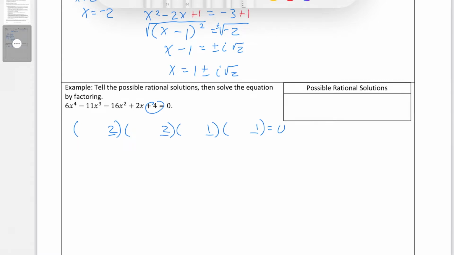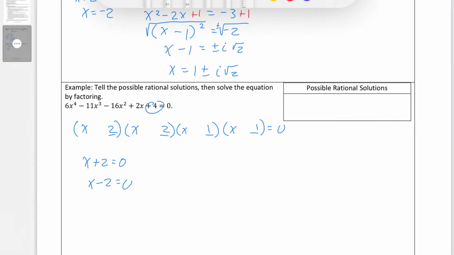So what possible numbers might we have for that term there? So we could have an x plus 2 binomial, but we don't know if it's plus 2 or minus 2. And if we had an x plus 2 equal to 0, or if we had an x minus 2 equal to 0, that's where we would have solutions of plus or minus 2.